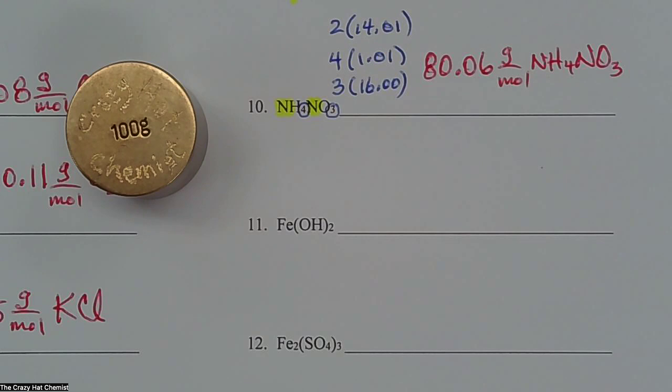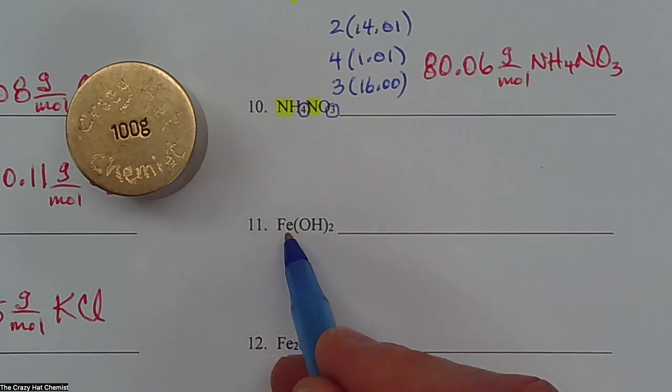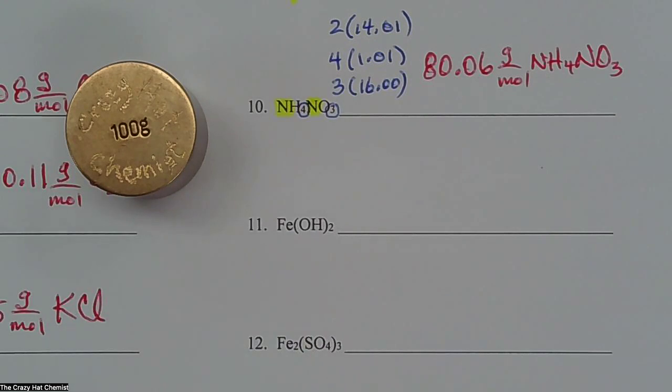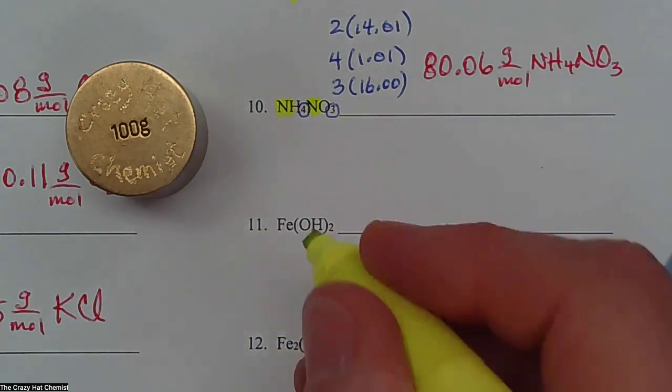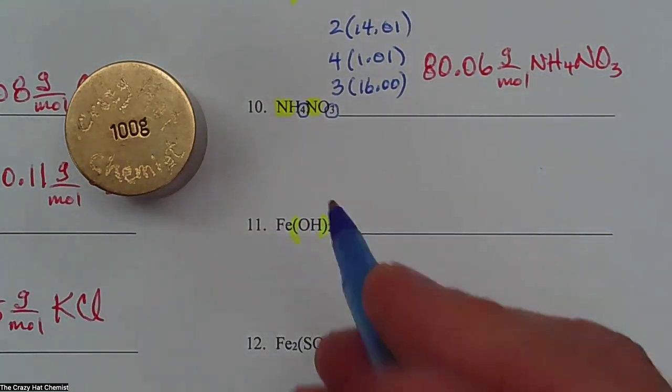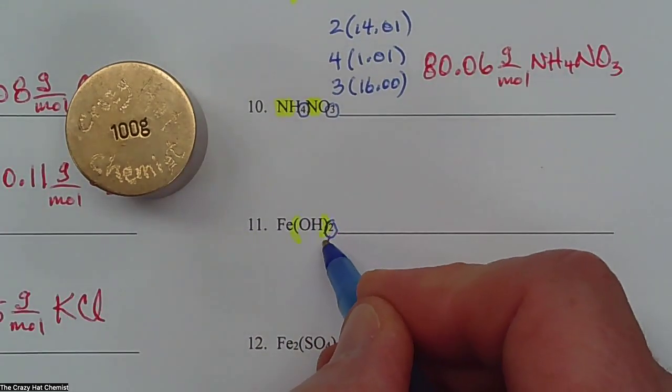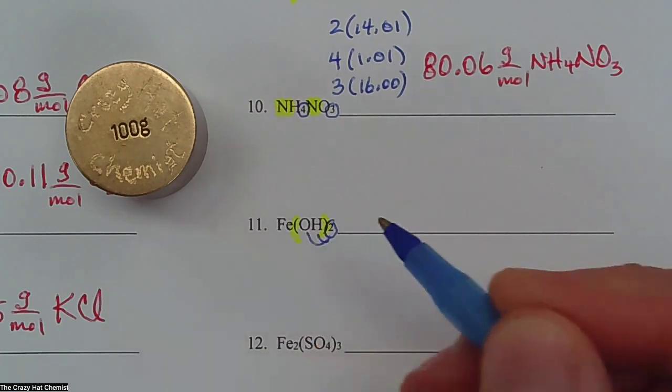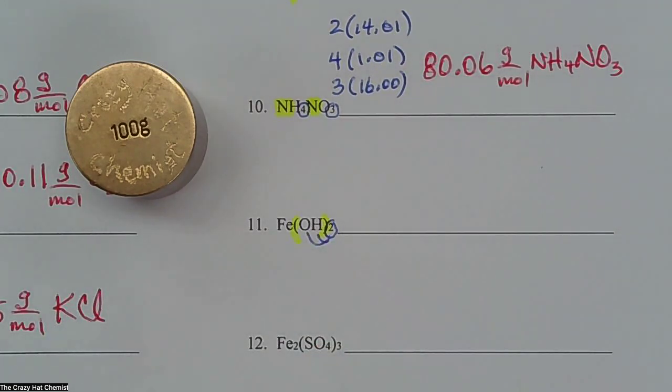All right, the next one is problem number 11, and that is ferrous hydroxide. I'm going to highlight something here: this has parentheses in it and a number outside the parentheses. So we need to distribute this 2 over both the terms that are inside. So there is an iron, an oxygen, and a hydrogen. How many irons? 1, it's outside the parentheses.